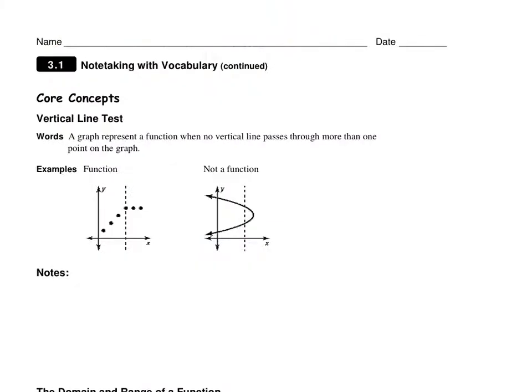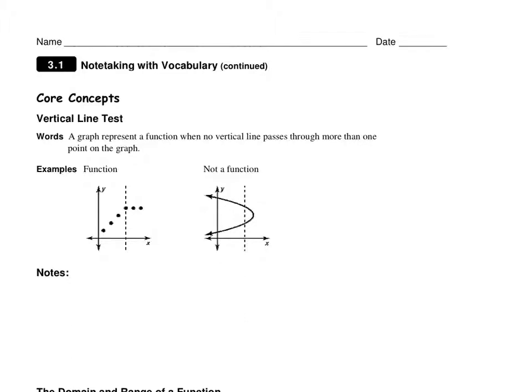So we see on the next page here, we're going to look at just a couple ideas that we just discovered. One is we notice that whenever we have a graph, there can only be one point in each vertical line. If we go up and down, there can only be one point, because if there were 2 points, if there was a point here, now that x value has 2 y values, and that's a problem.